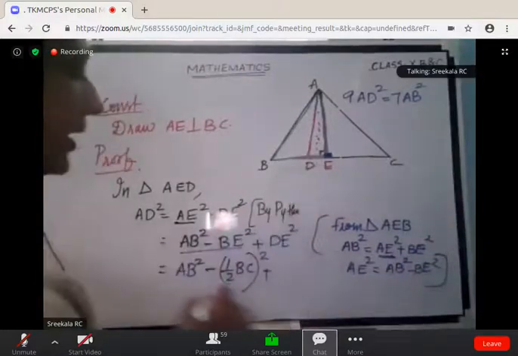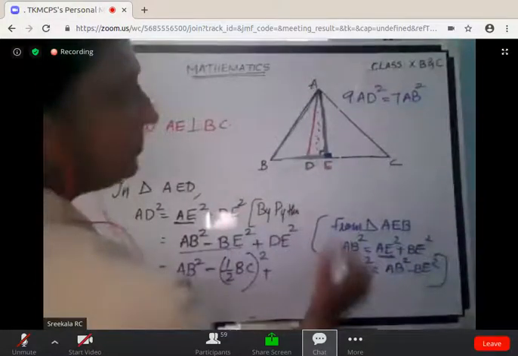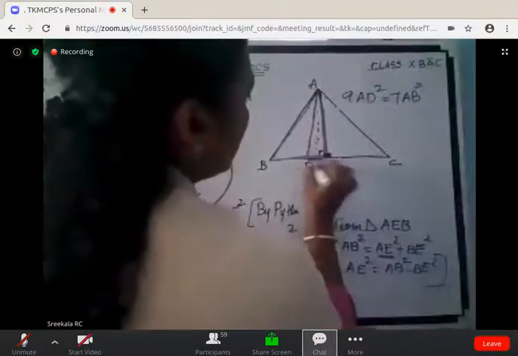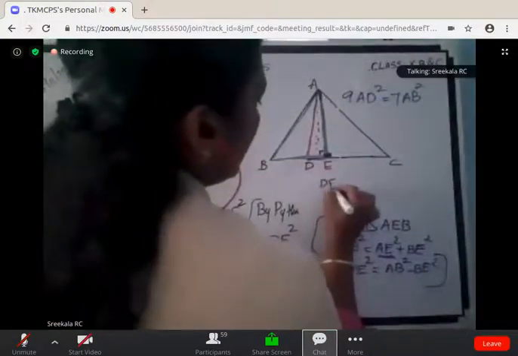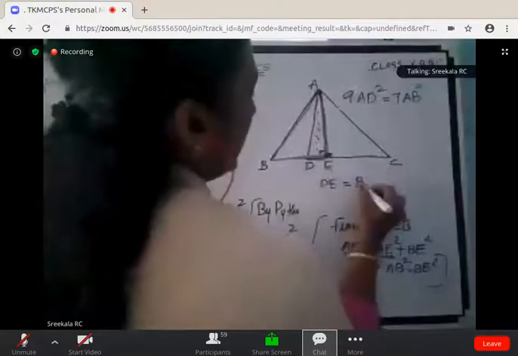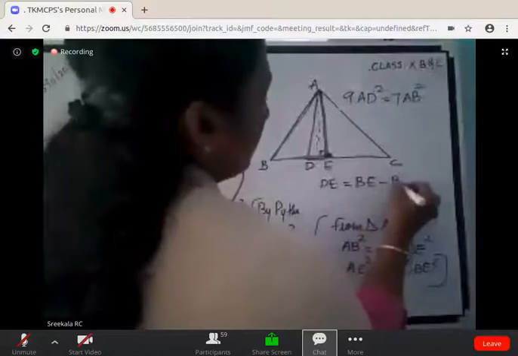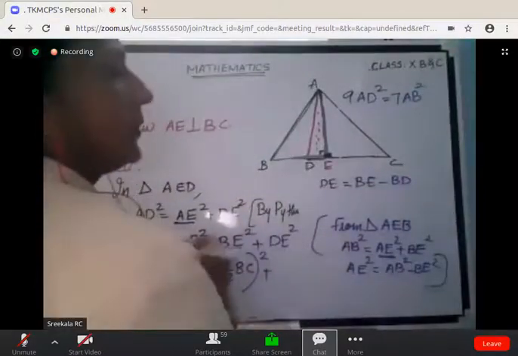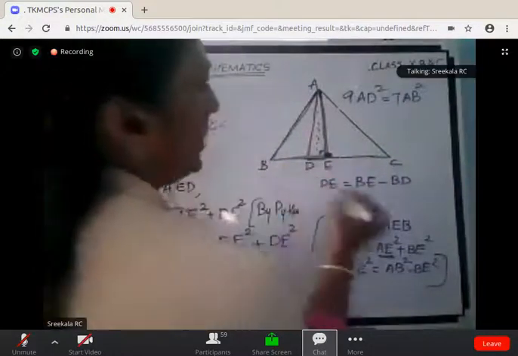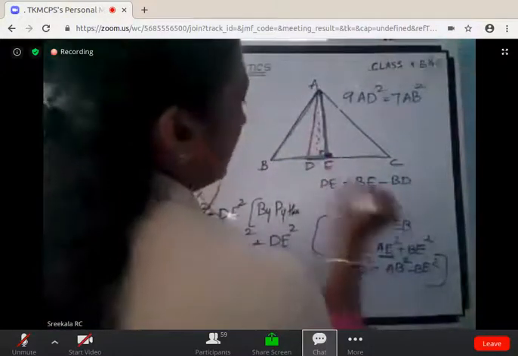Now DE, how can we write DE? Here DE equals BE minus BD. BE means half BC.